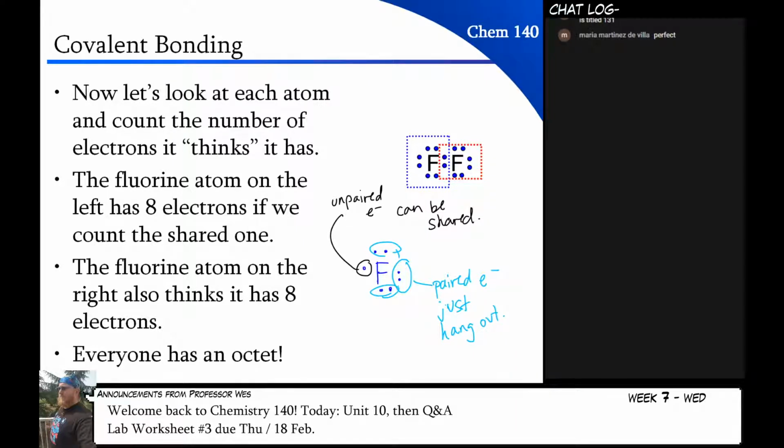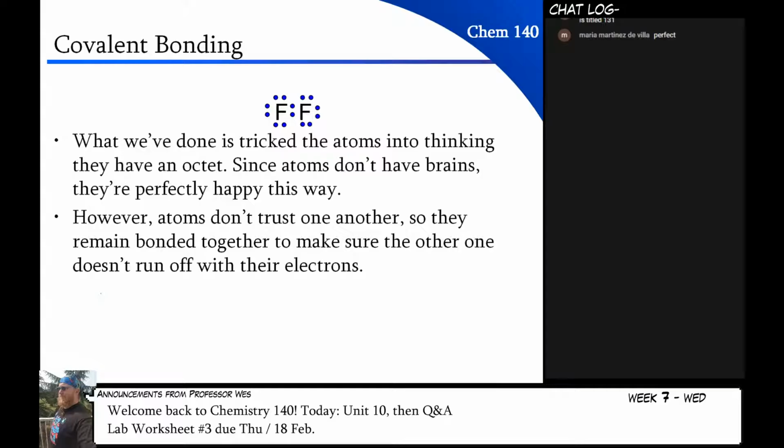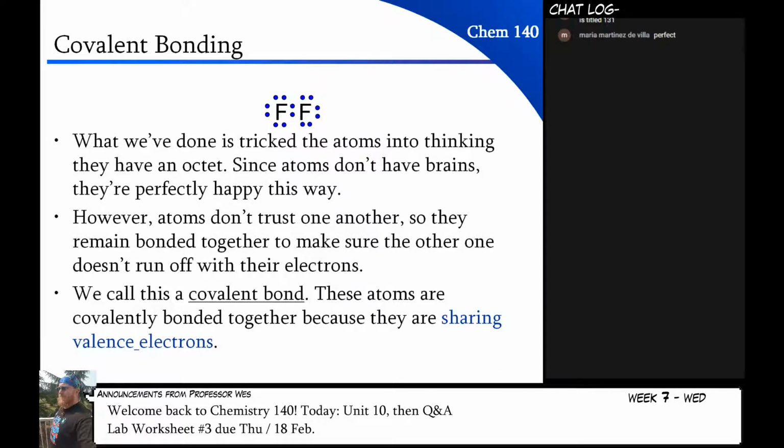And if you take an unpaired electron from each atom, you can then make a paired electron right here. So here's our paired electron that we made. And because it's between two atoms, it's our bond. All right. So this is our covalent bond.